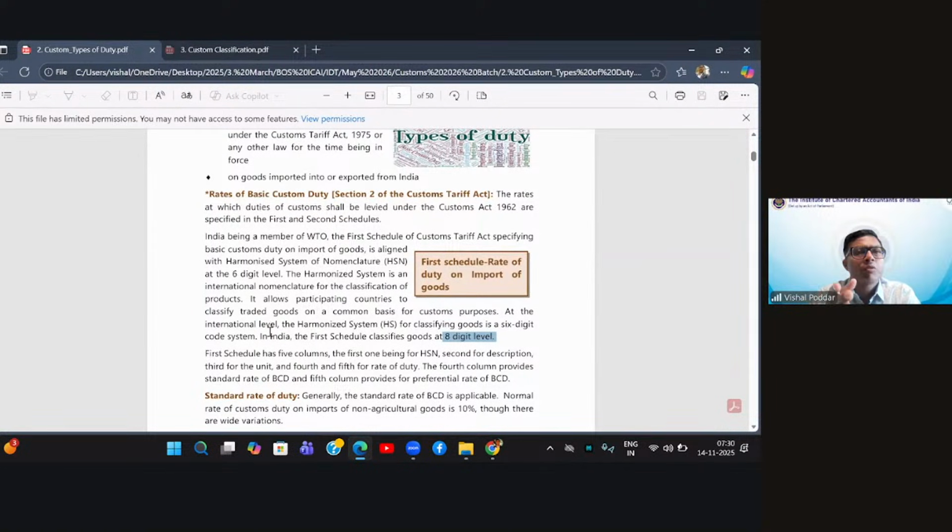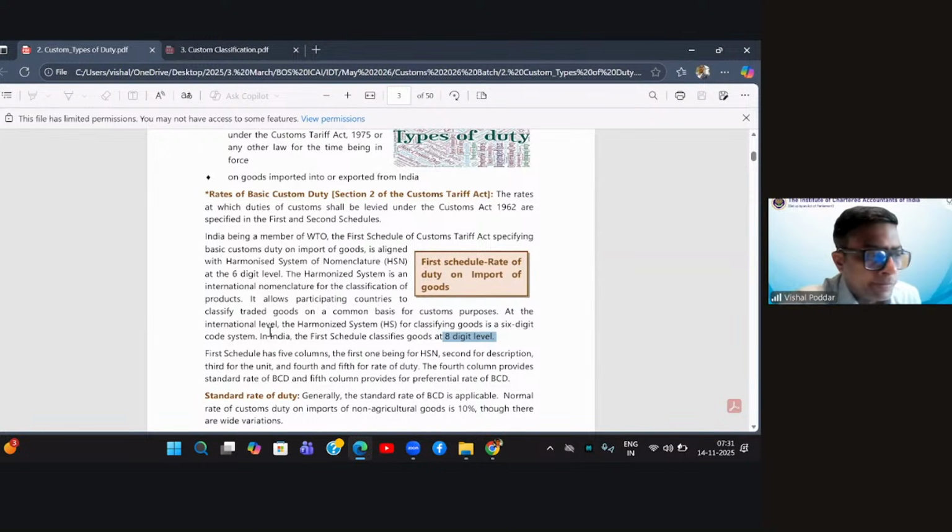And when GST was brought in, the same list was adopted in GST's rate schedule with two more digits added. In GST, we do not have a separate tariff act. Instead, we have a rate notification where the rates are given. We are giving 8 digits so that we can further subclassify the goods for our domestic business.